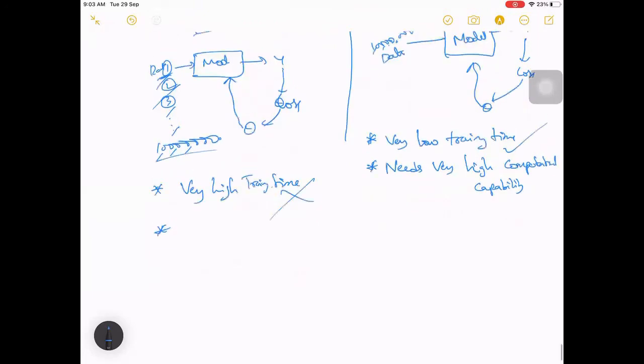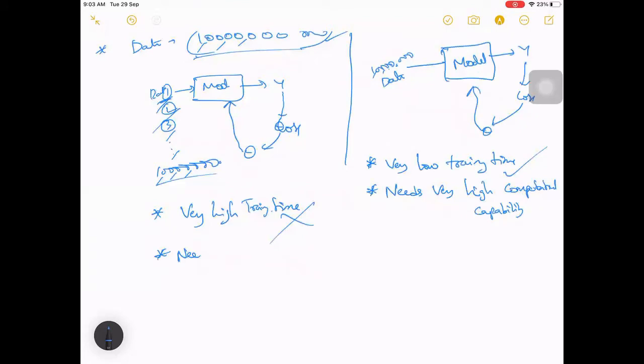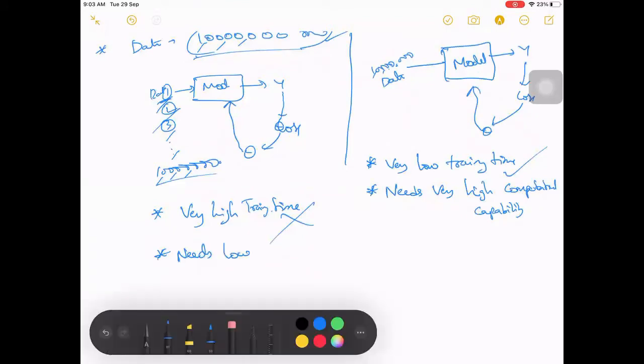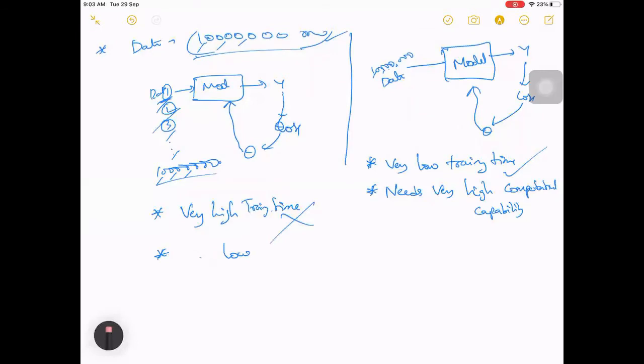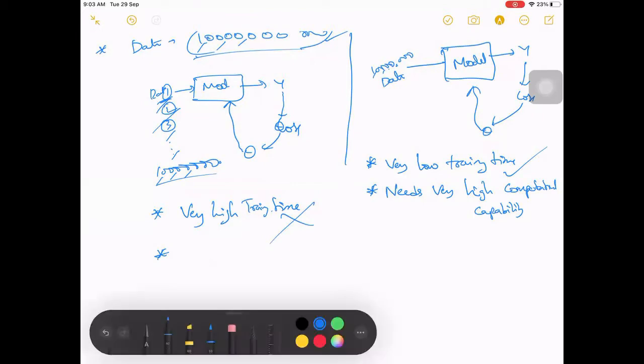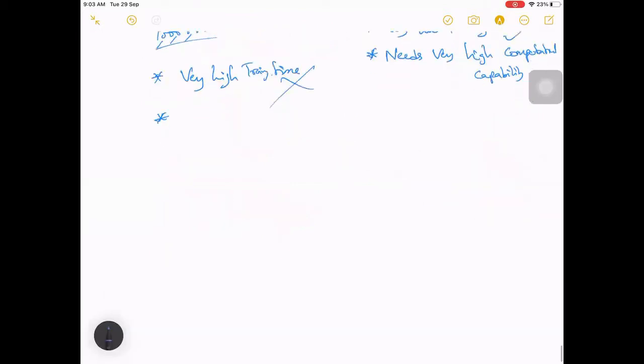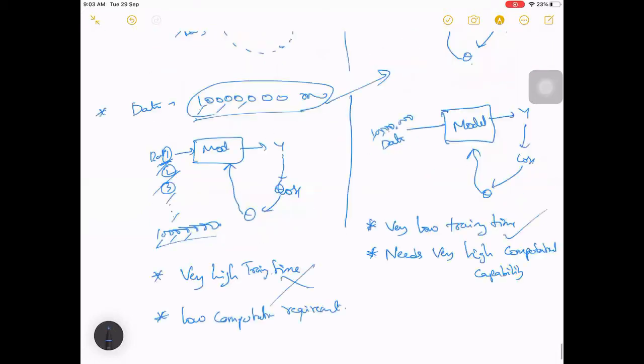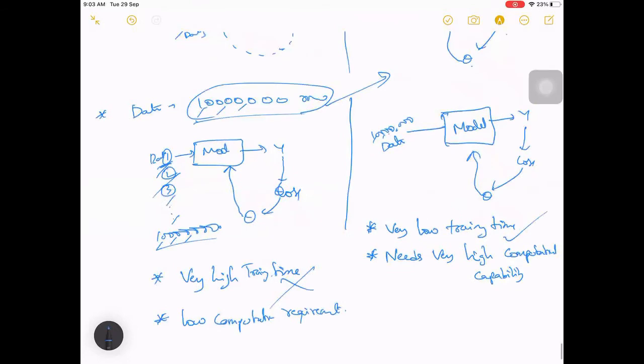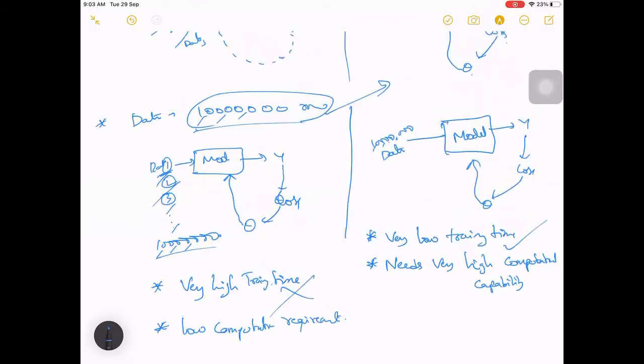It has a low computation requirement, so the requirement is very low. It's not that it needs very high computational capacity; a smaller machine would be enough. So this is a kind of comparison.